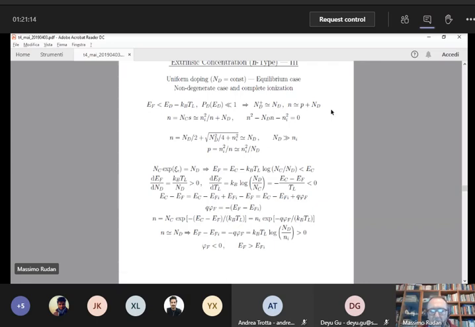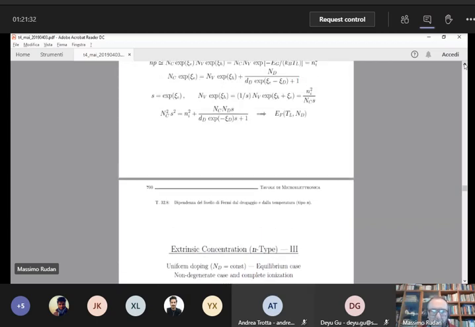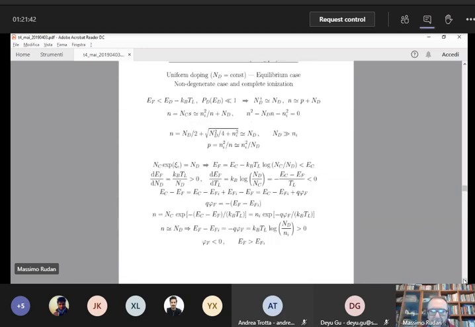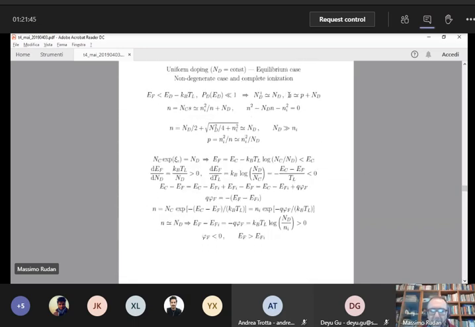This looks simple, okay, not so important, but it is important because Nd is a known constant. It does not depend on the Fermi level anymore. It's a constant. So the original balance equation that we started from, the one in the first line here, when Nd plus becomes Nd, it becomes simply n equal to p plus Nd, okay?